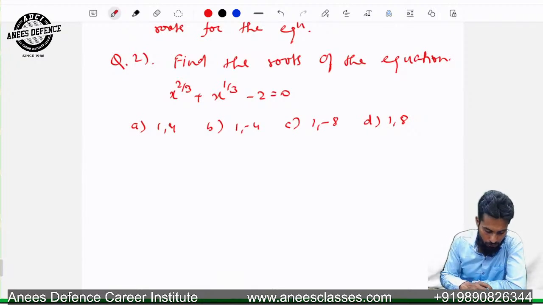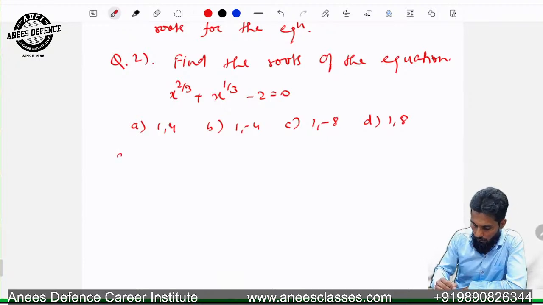See if you are able to solve it. What answer is there?